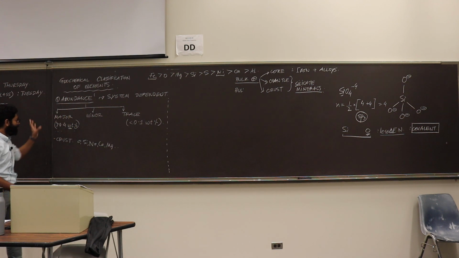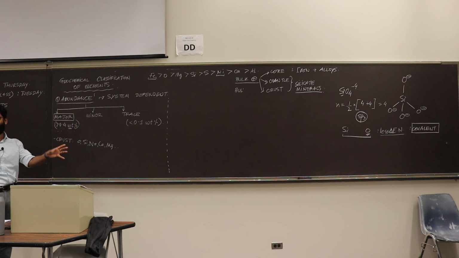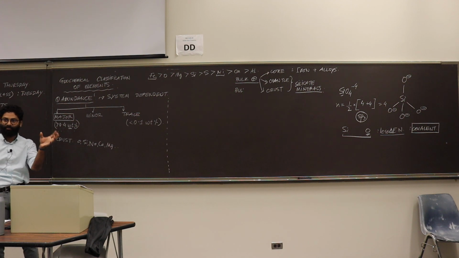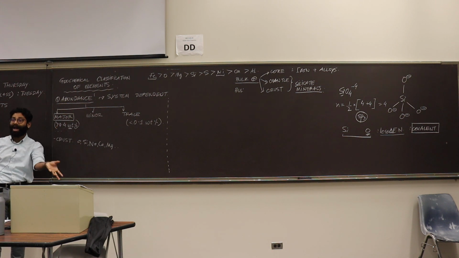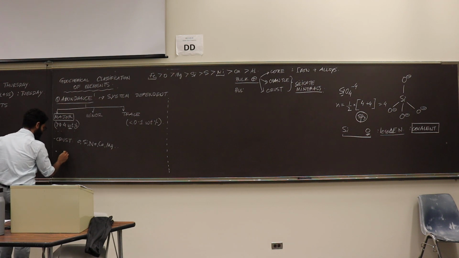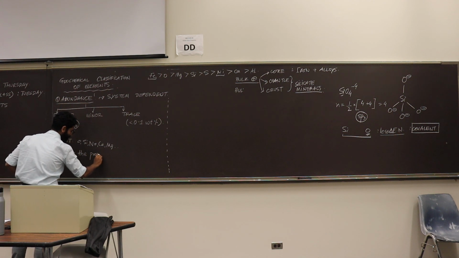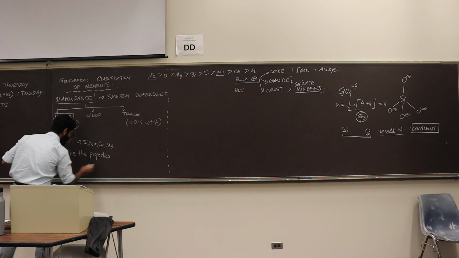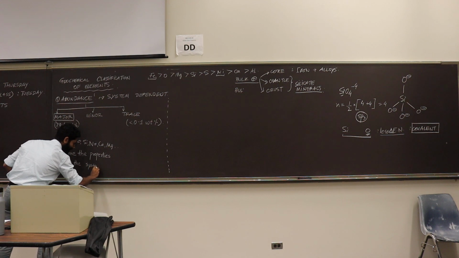Now these major elements control the properties of the phase in which they are. So if it's a silicate rock, these major elements will define the properties of that rock. They define the properties of the system, whichever system they are.